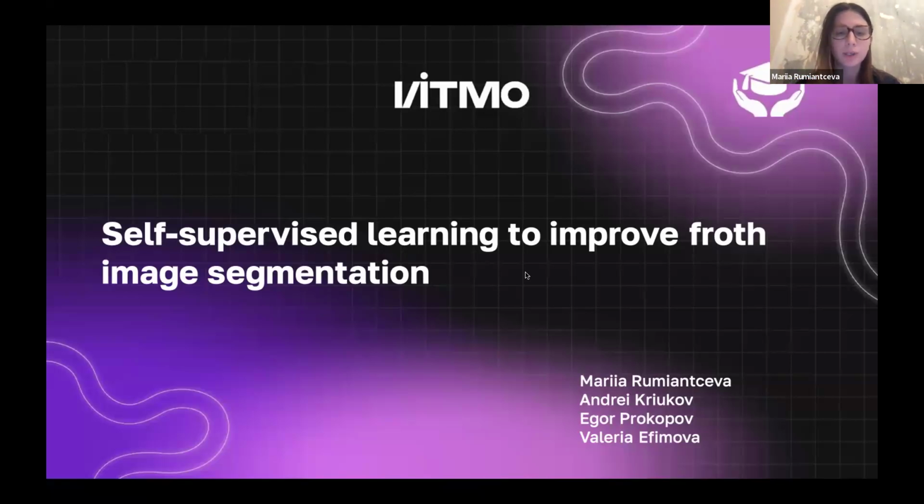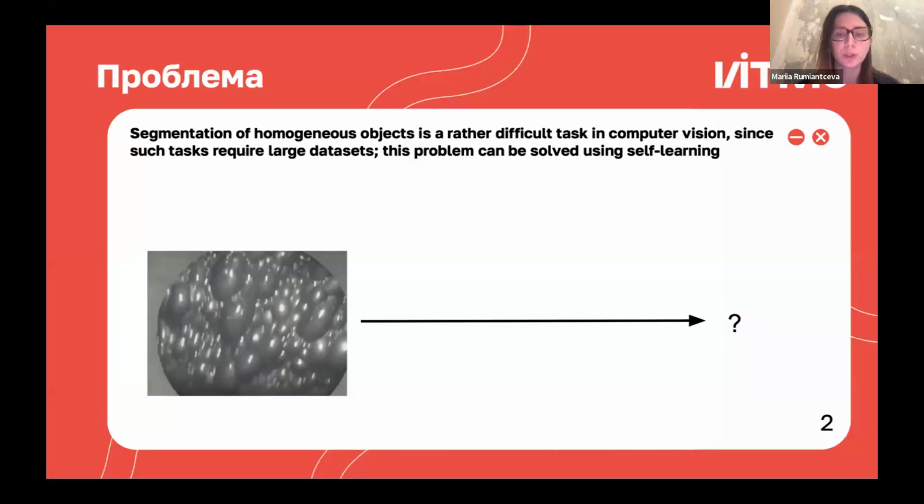Our work is aimed at creating an approach for semantic segmentation using self-learning technologies, due to a small amount of labeled data. We examine flotation images where a large number of homogeneous bubbles are presented, with similar color, size, and shape.